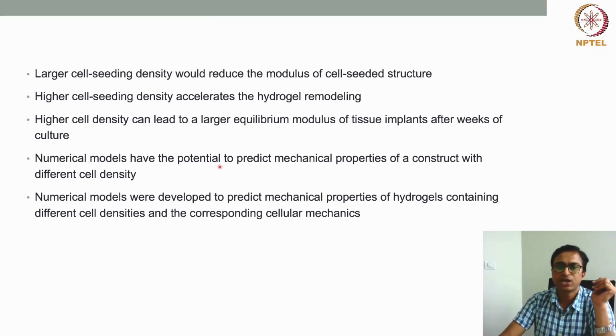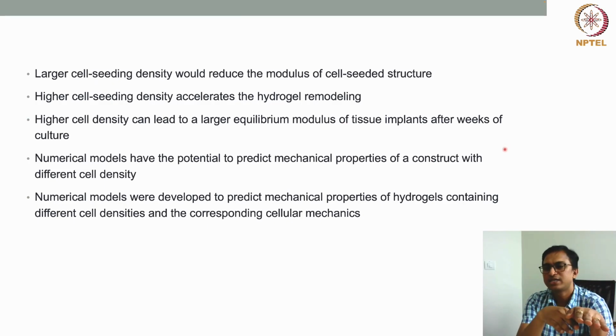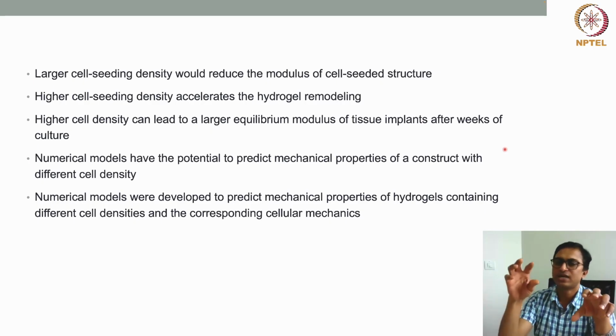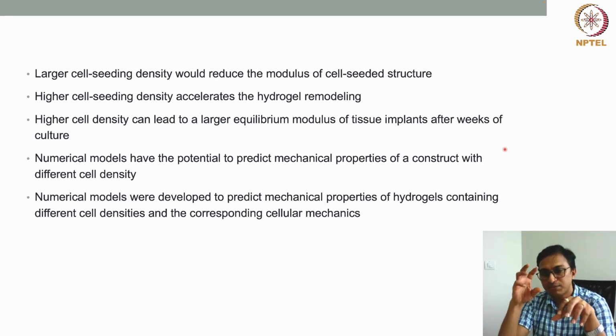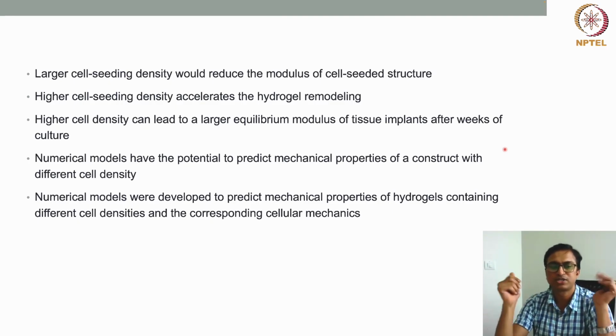But high cell density can also lead to a larger equilibrium modulus of a tissue after weeks of culture. That means though initially the modulus of the structure with high cell density can be low, with time the high density of cells can remodel the matrix, and the modulus of your final tissue structure can be very high because of this remodeling process.